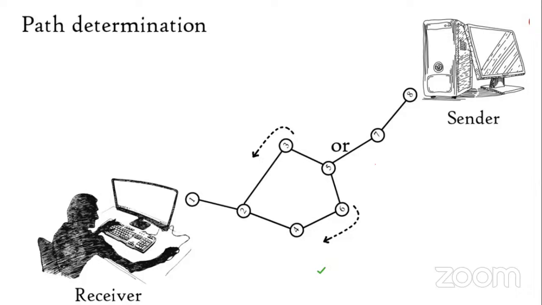Consider this is tower 5, tower 3, tower 6. Tower 5 to tower 3 is 1 kilometer. And tower 5 to tower 6 is 2 kilometers. In which way will it go?